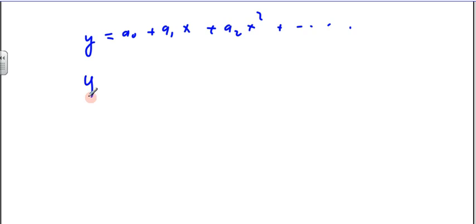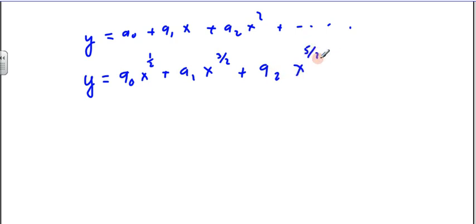Our answers have been y is equal to a0 plus a1 x plus a2 x squared plus blah blah blah. But what if my solution were y is equal to a0 x to the 1/2 plus a1 x to the 3/2 plus a2 x to the 5/2 plus blah blah blah.